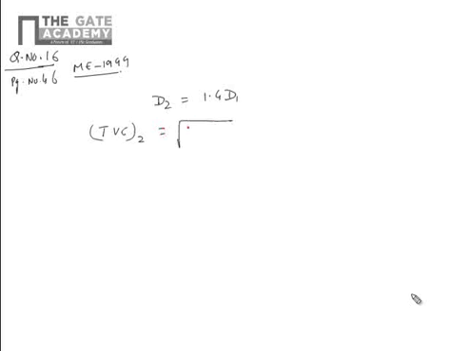So this also can be written as square root of 1.4 into square root of 2 D1 C3 C1, which is nothing but square root of 1.4 into the total variable cost of the initial value. So what is square root of 1.4?